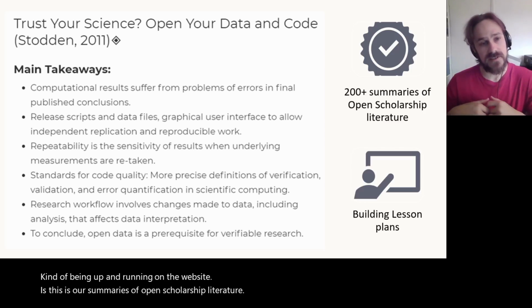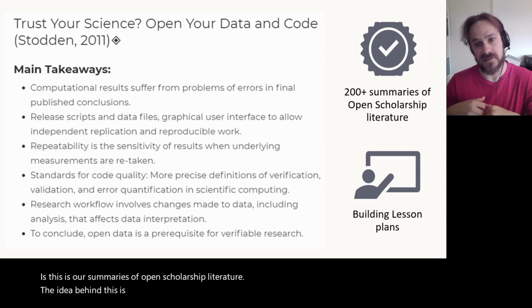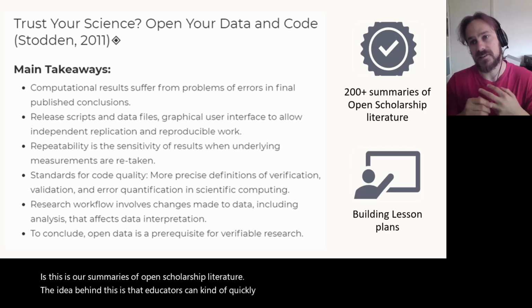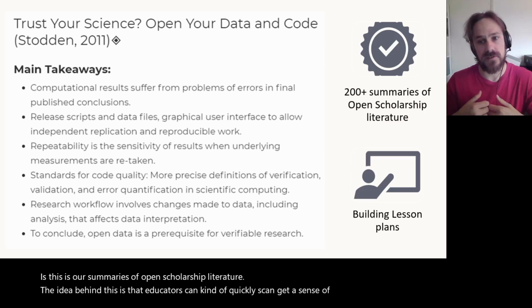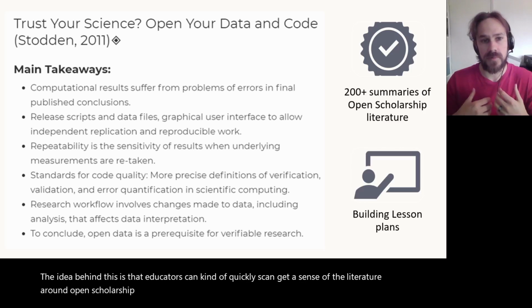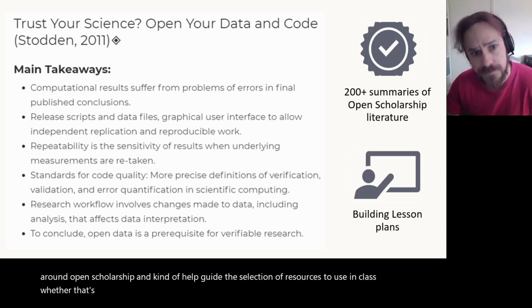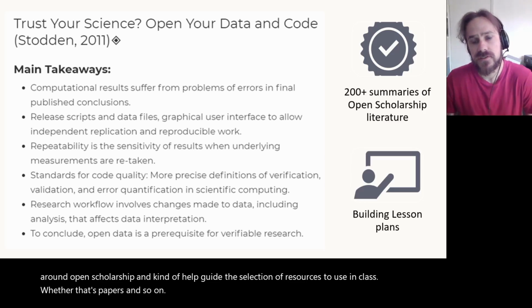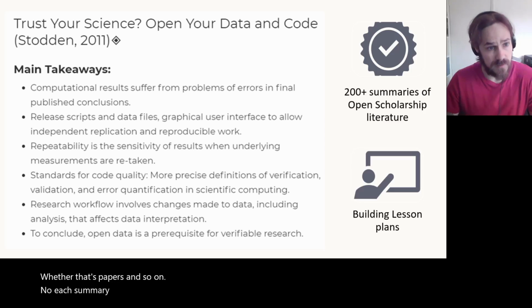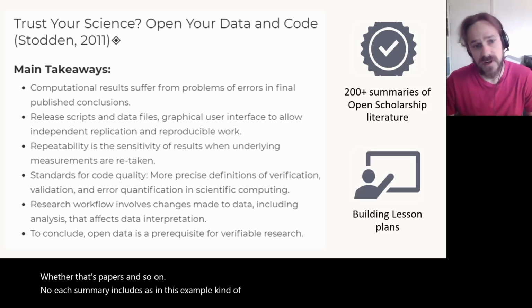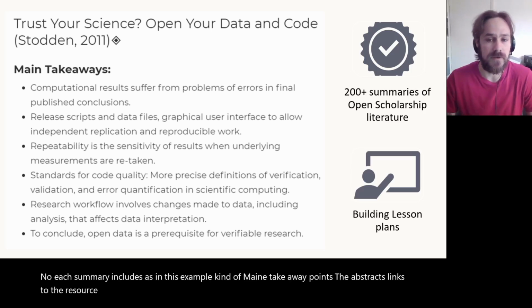The idea behind this is that educators can quickly scan, get a sense of the literature around open scholarship, and help guide the selection of resources to use in class, whether that's papers, and so on. Now, each summary includes, as in this example, main takeaway points, the abstract, links to the resource itself, and a few other useful bits and pieces.